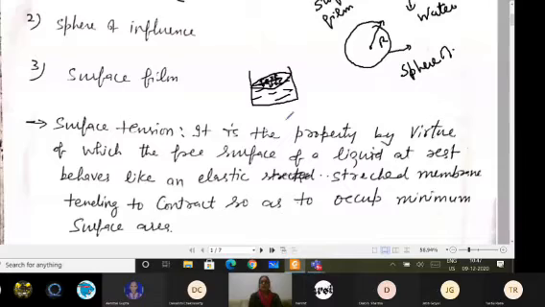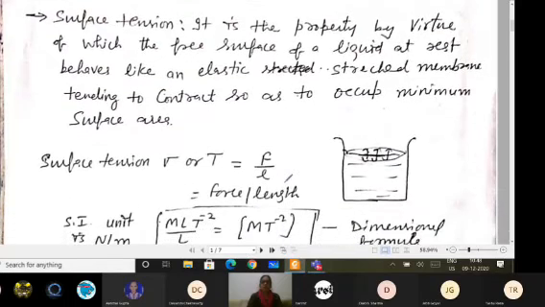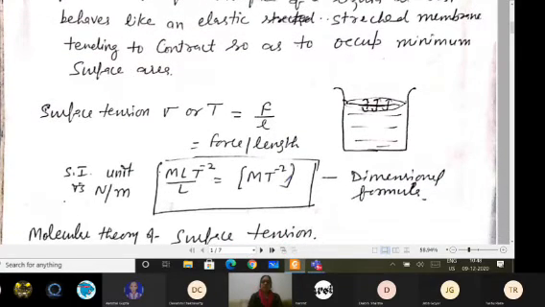So this property by virtue of which the free surface of a liquid at rest behaves like a stretched elastic membrane is termed as surface tension. And this surface tension you can denote by T or by sigma. Surface tension is denoted by either sigma, this sign, or you can write it by T. This is pronounced as sigma.